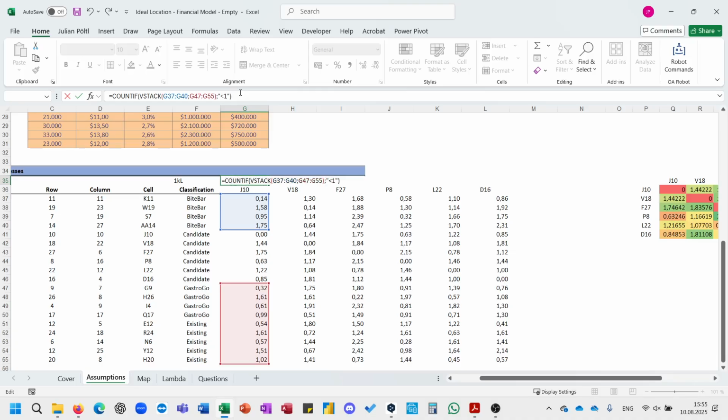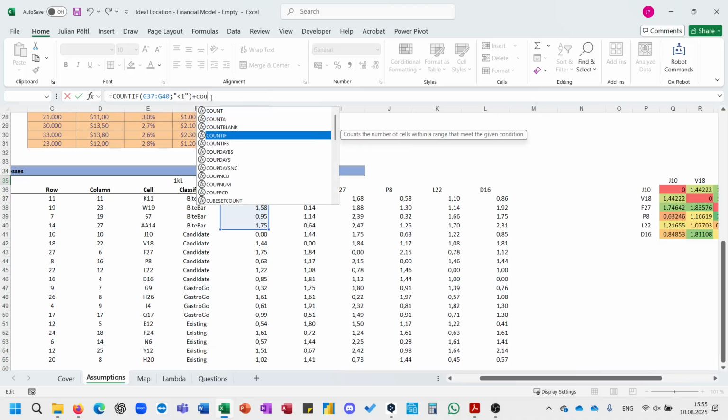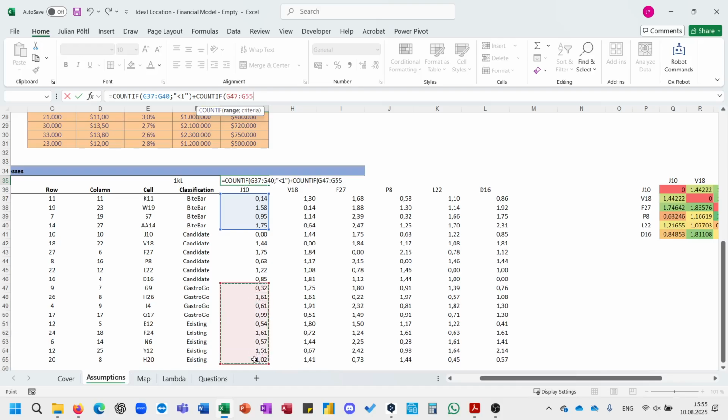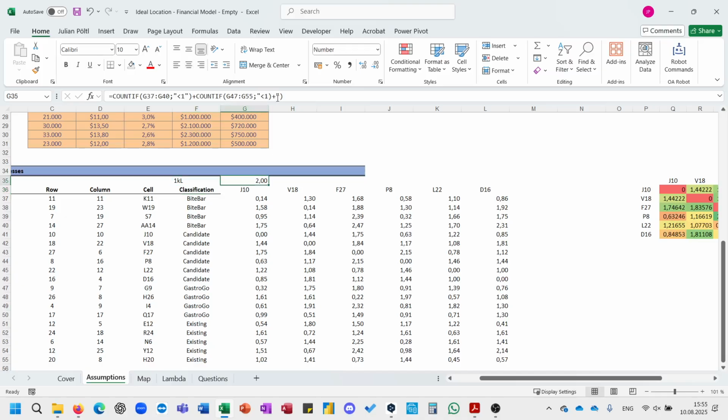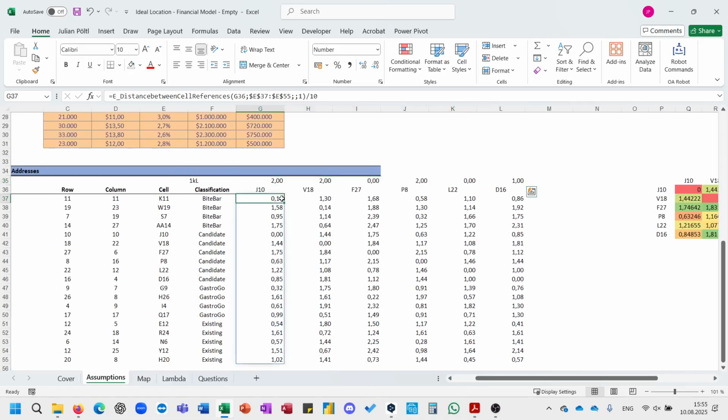Okay, does COUNTIF not work with arrays? Yeah, of course it does not work with arrays. Okay, then let's make it 2 formulas. Is this right?